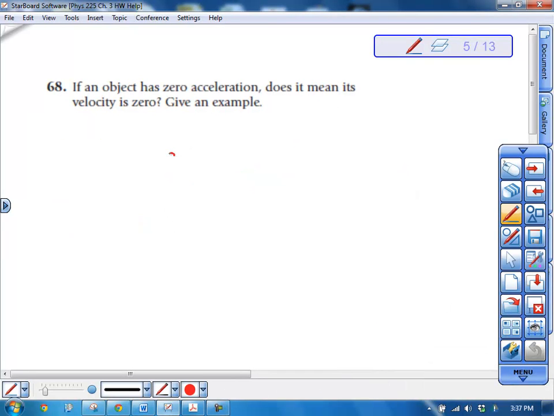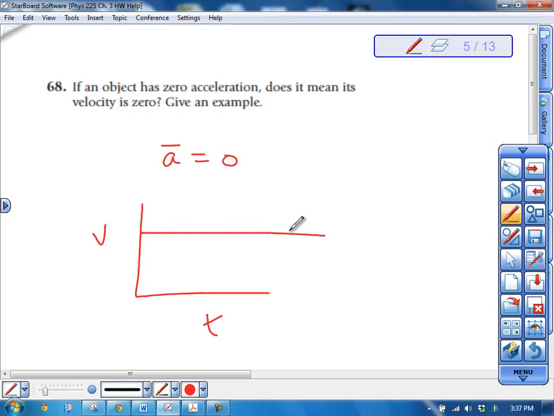Next question says if an object has 0 acceleration, does it mean its velocity is 0? So we can look at a graph of velocity versus time, and we know the slope of this line would be 0. So this is an object that's traveling at, let's say, 3 meters per second, but it's not changing its velocity at all.